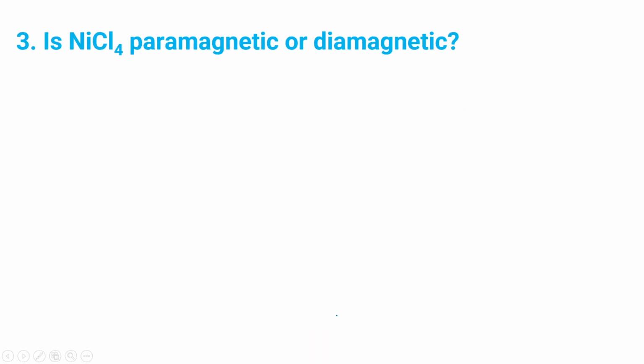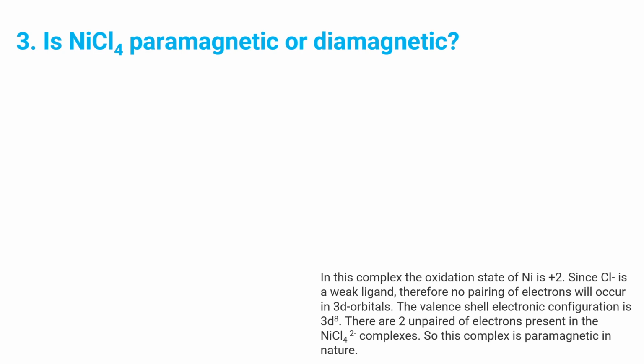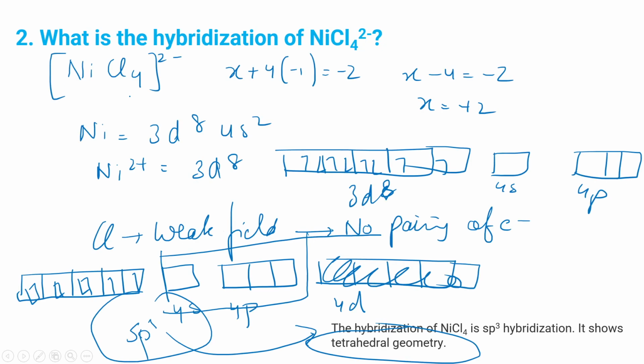Third question: is nickel chloride a paramagnetic or diamagnetic species? As you have done in the previous case, it is actually nickel chloride 2 minus. Nickel has an oxidation state of plus 2. It is the same example that we did in the previous slide. As you can see here, we have 2 unpaired electrons.